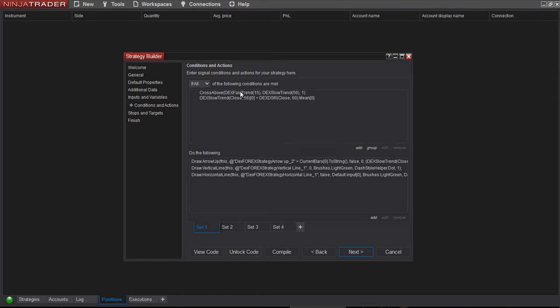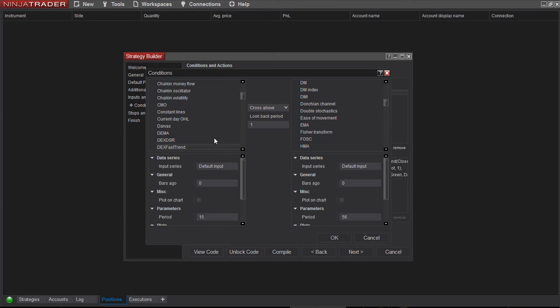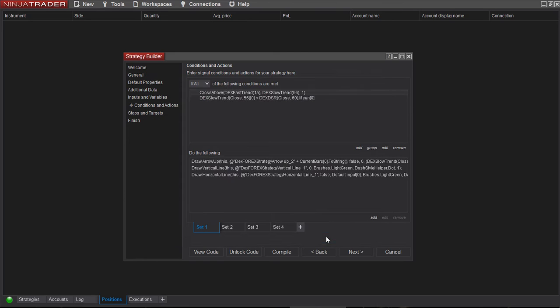In the first video, we added a cross where we had the fast trend crossing above the, I hope I didn't change that. Yeah, the DEX slow trend, okay? We'd already set that up. The fast trend crosses above the DEX slow trend.